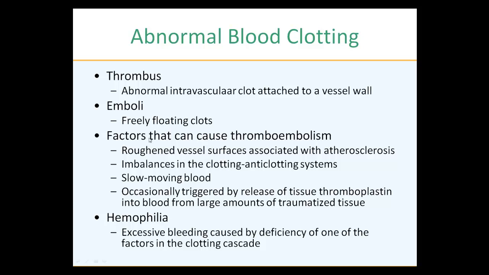Hemophilia is the opposite. Hemophilia is when you have excessive blood loss, and that's due to the lack of one or more of the factors. Remember the 12 clotting factors we briefly described. The more severe types of hemophilia will be attributed to very critical factors, like thromboplastin or fibrinogen lack, and if you don't have that, then that's really a problem.